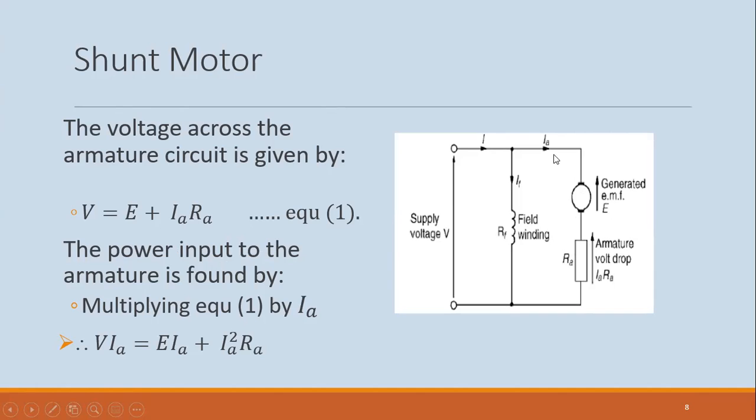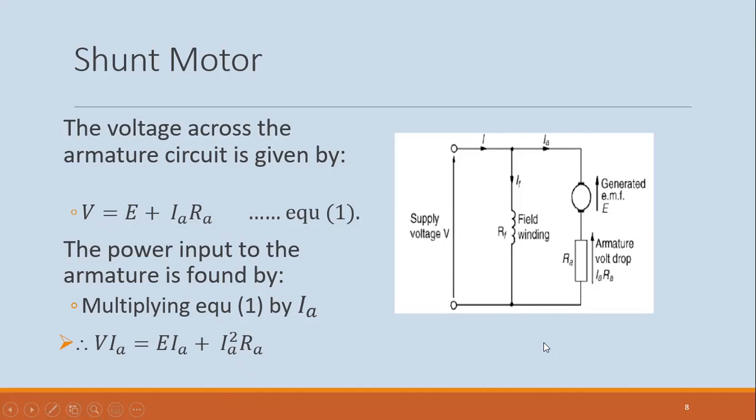If we multiply that by IA, the armature current, then we have V times IA, the input power into the armature, equal to E times IA plus IA squared RA.